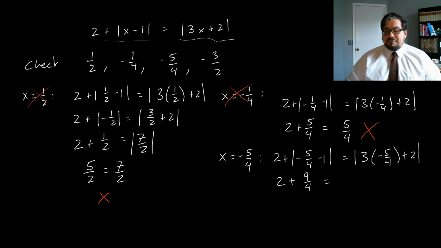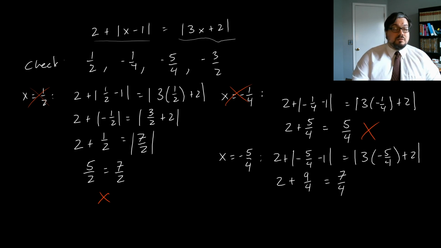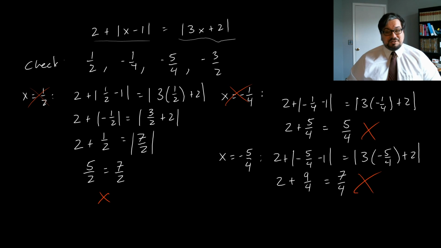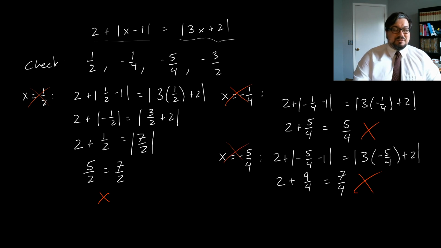And then we have 3 times -5/4 is -15/4 plus 2. 2 is 8/4, so -15/4 plus 8/4 is -7/4, and the absolute value of that is 7/4, which also isn't a solution. So lots of our possible solutions here are winding up not working out.